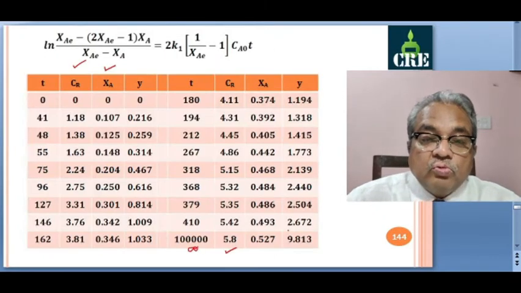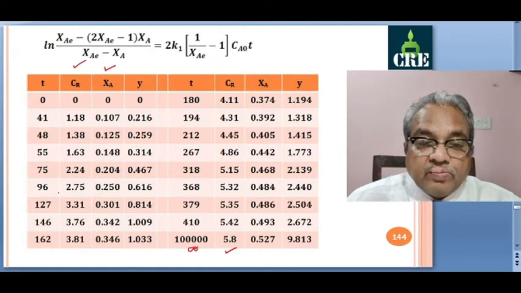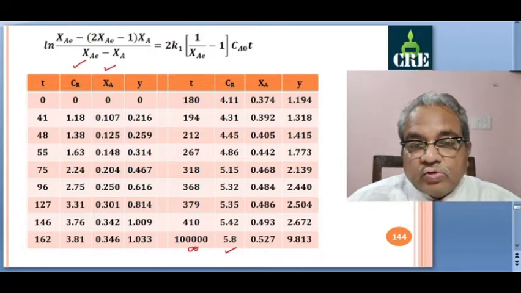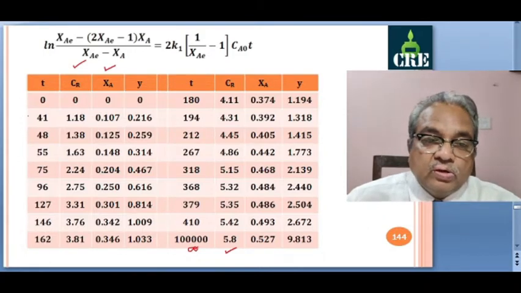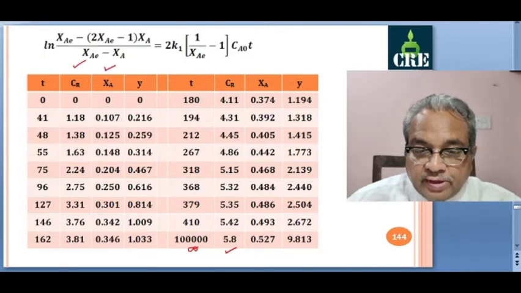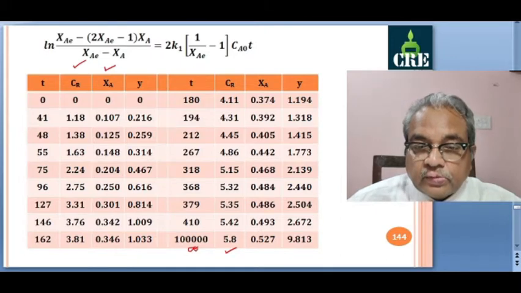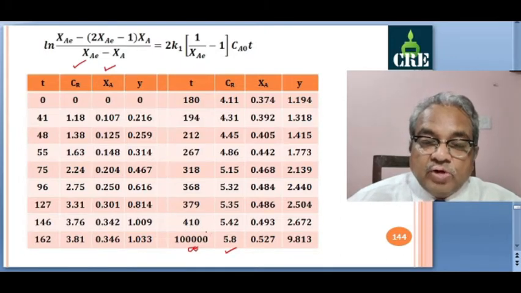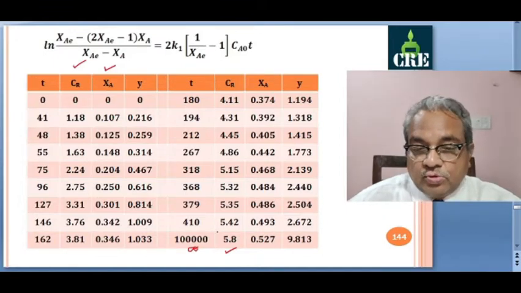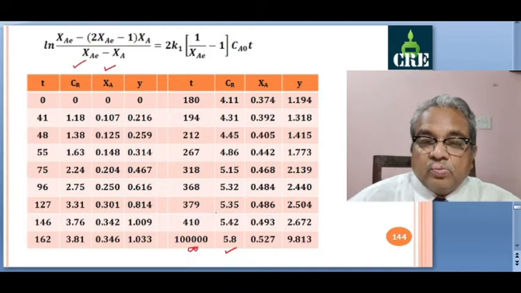So whenever you are provided with concentration-time data, whether Ca versus time or some product versus time, you can always find Cr, and you can find Ca and Xa from the stoichiometry. Whenever at very high time, or time t tending to infinity, there is an appreciable value of Ca present, or Cr is not completely formed, that means the reactants A and B are not completely consumed.